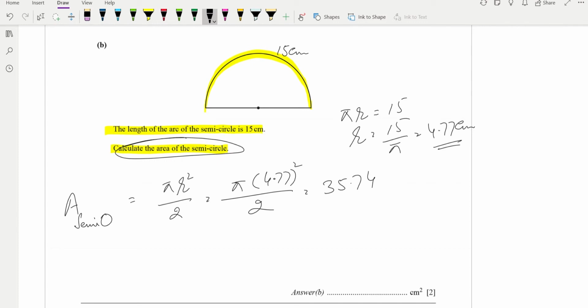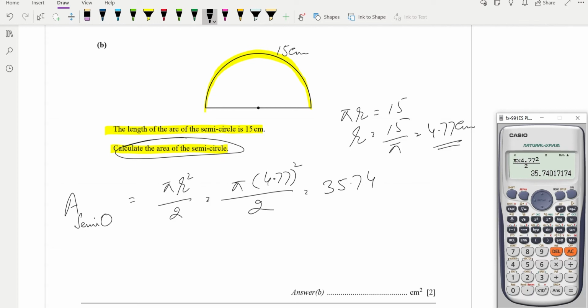35.74, or basically we have rounded the answer earlier. 15 divided by pi is equal to 4.7746.